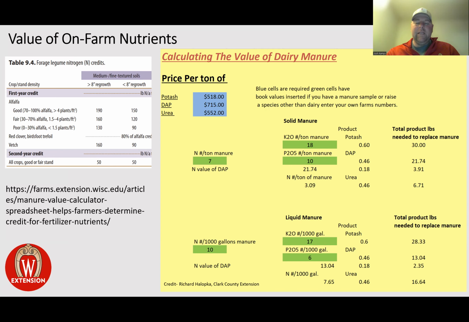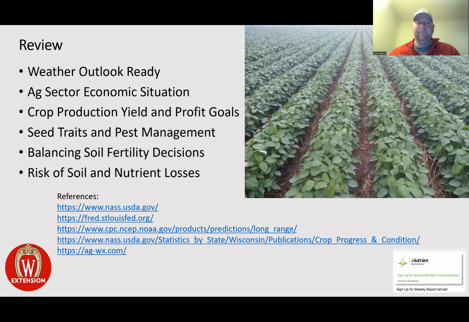This is available at the long website on the screen, or I can send this by email as well if you want to play around with it. This really helps us understand how valuable the manure is that we're putting back out in the fields, and how to credit that correctly for crop production.